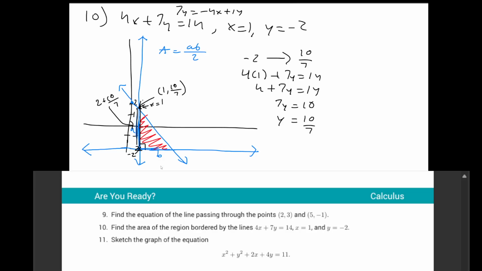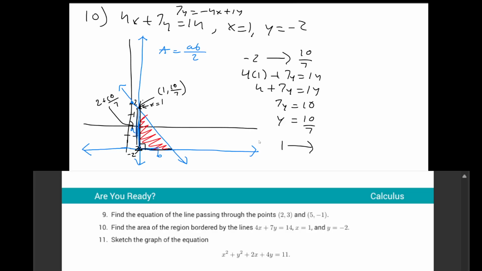Now, same sort of logic for this length right here. We need to think about, well, we go from x equals 1 to when the line intersects y equals negative 2. So we go from x equals 1 to the x value where the line 4x plus 7y equals 14 intersects the y equals negative 2 line.